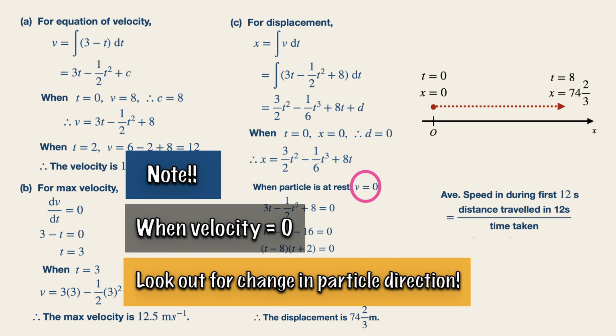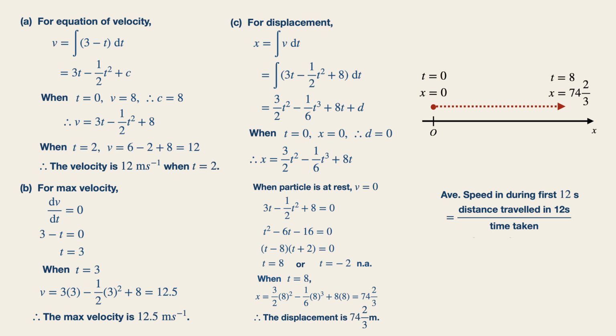So let's try to find where the particle exactly lands up when t is equal to 12. By substituting 12 into the displacement equation, the value is equal to 24. Now take note that this is the displacement, which is the distance from the starting point, which is O. Alright, so the total distance that is traveled by the particle is given by this red line over here.